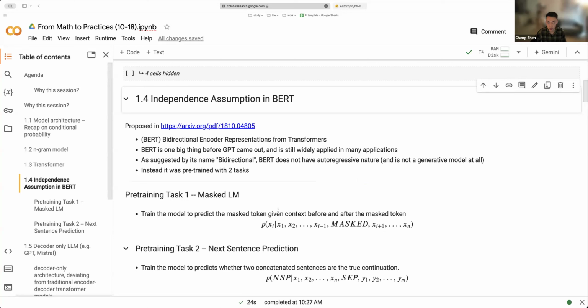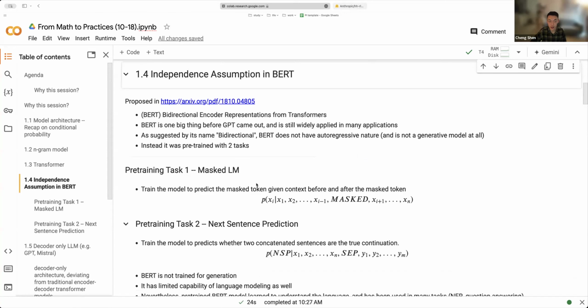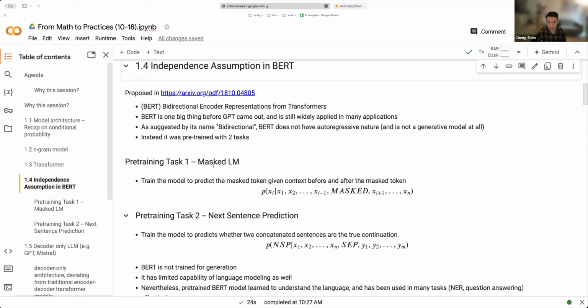It does not have this autoregressive dependency of maximizing the likelihood of predicting the next token given all the prefix. Instead, the training method is called masked language modeling, or MLM. Given the sequence from x1 to xn, one of the tokens is masked, replaced with a mask, and BERT is trained to maximize the likelihood on this masked token.